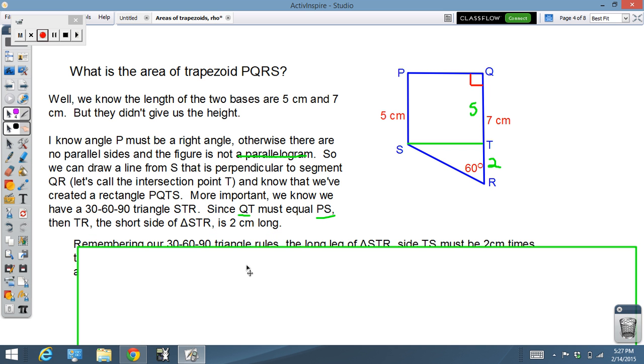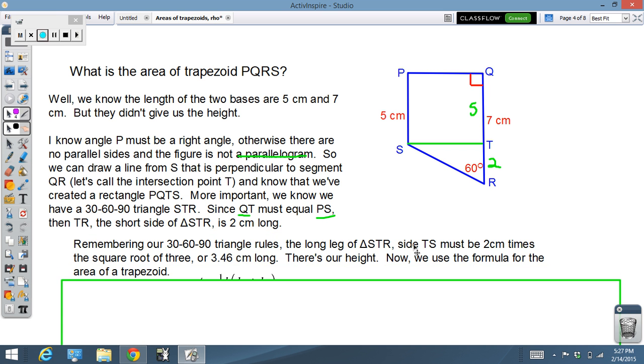Now we remember our 30, 60, 90 rules. If the short side of a 30, 60, 90 triangle is 2, then we know the height, the long leg, must be 2 times the square root of 3, right? Remember that rule? 2 times the square root of 3 is 3.46, and that, my friends, gives us the two bases and the height for this trapezoid.